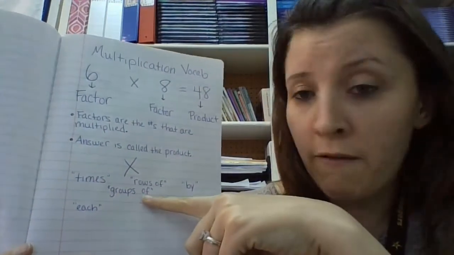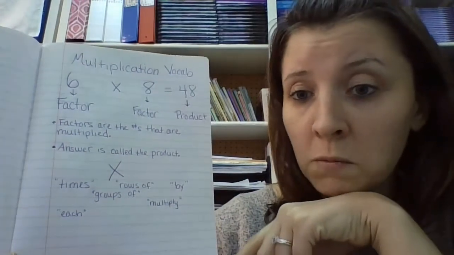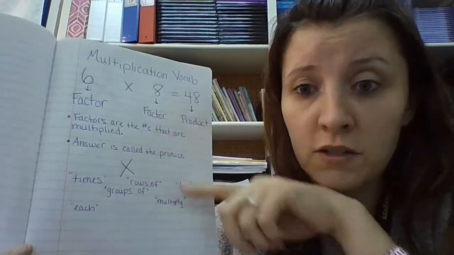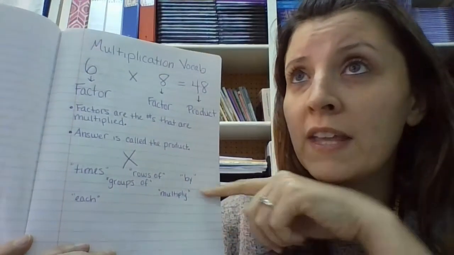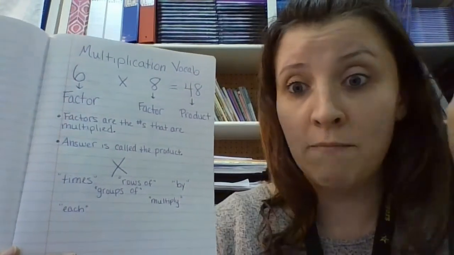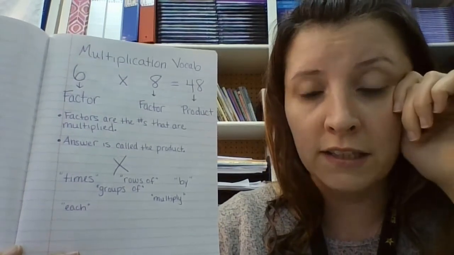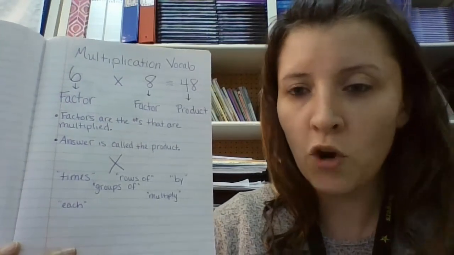Next would be groups of. You'll hear me say this when we talk about the equal group strategy for multiplication. So this could be 6 groups of 8. I could say by. In the classroom, when I said this, there was a light bulb moment, and one student said, "Oh, I've been with my parents at Lowe's, and when we buy wood, they always say like 2 by 4."